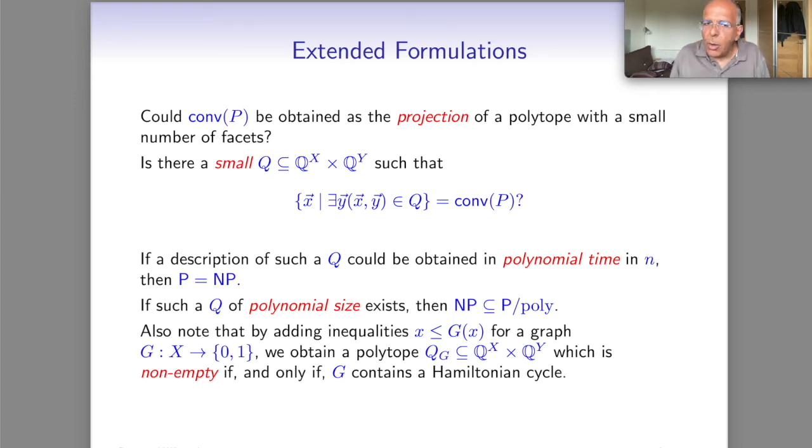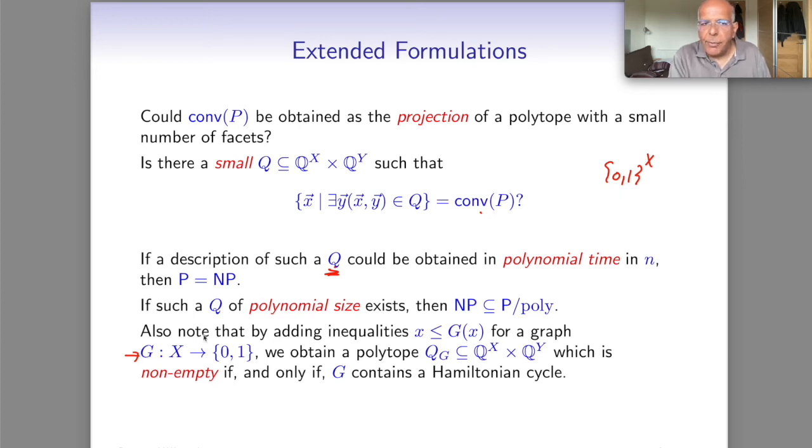I've talked about the traveling salesman problem. You can easily do it also, instead of optimization, by talking about feasibility. For instance, you're given a graph G, and suppose you have a description of what I call the TSP polytope, something which projects down to the convex hull of the points which give you simple cycles.